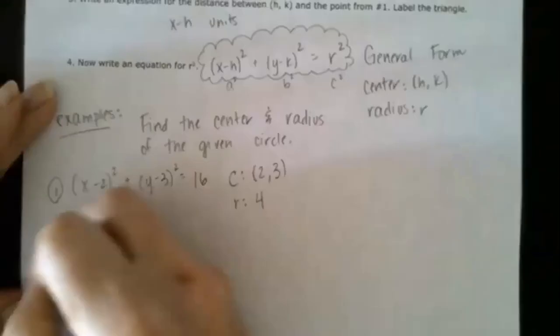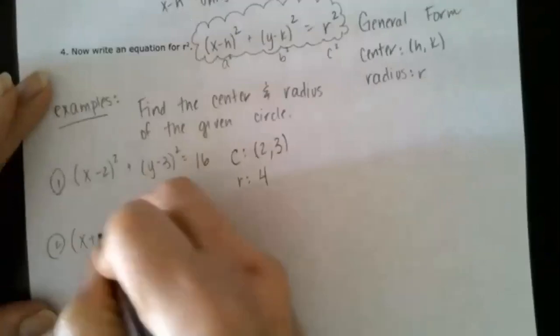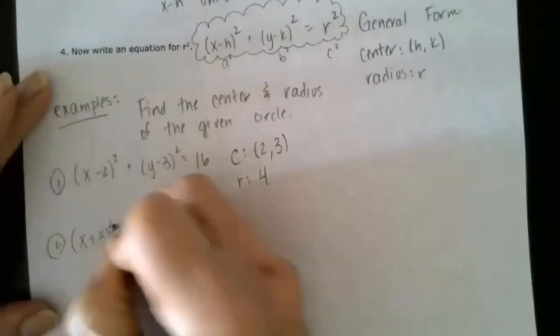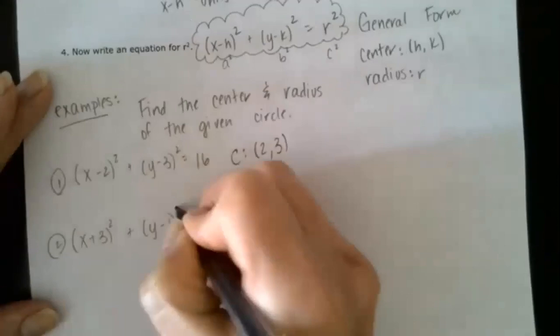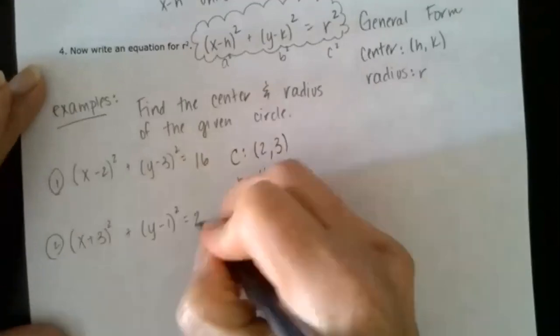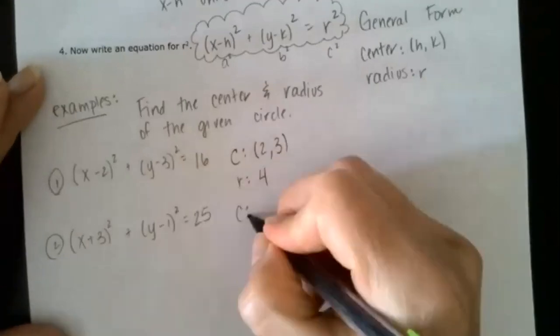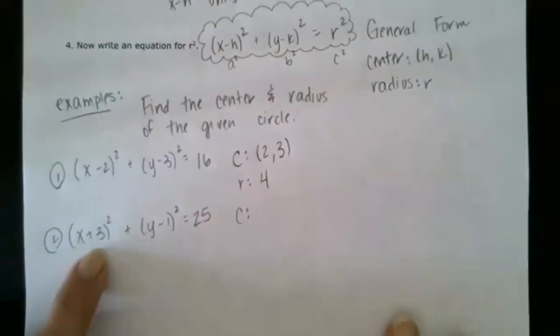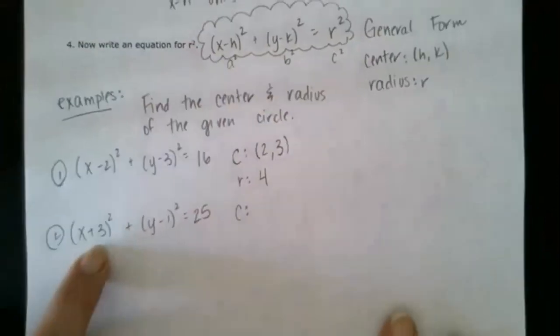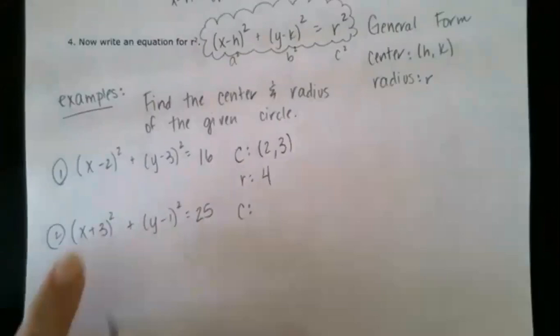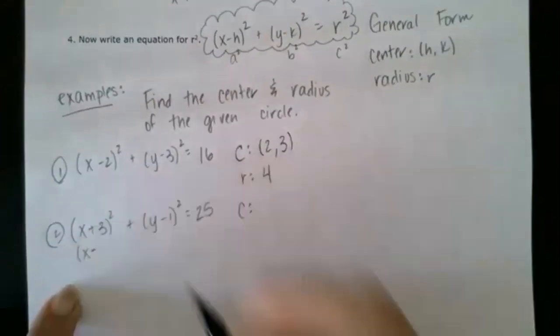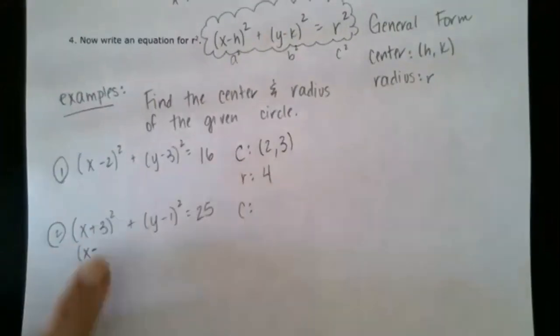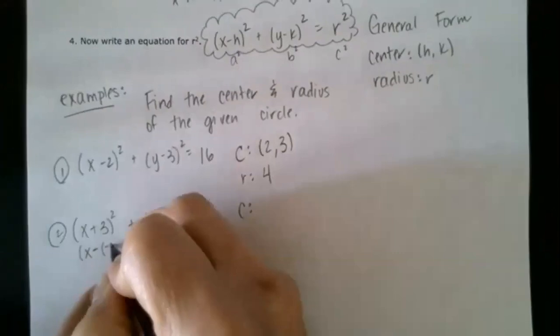Second equation. We have (x plus 3) squared plus (y minus 1) squared equals 25. So for my center, I don't have that subtraction sign like I do in the equation, so I can put in my own negative sign. So x minus something will give me x plus 3, so I need it to be a negative 3.